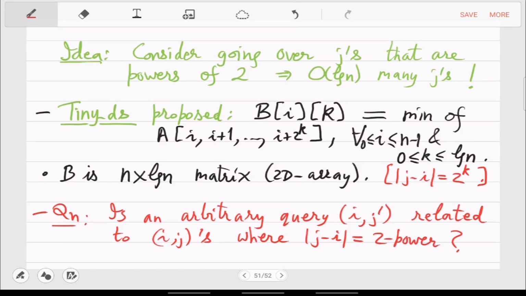The user will be giving arbitrary queries. The user will not respect your matrix B. If the user asks something from matrix B, you will immediately report in constant time. But if the user asks a query of this i comma j prime type, where j prime minus i is not a power of 2, then you have to somehow calculate that on the spot using the matrix B. So how can you do this? Is there any relationship or is this totally independent? We'll finish it tomorrow.